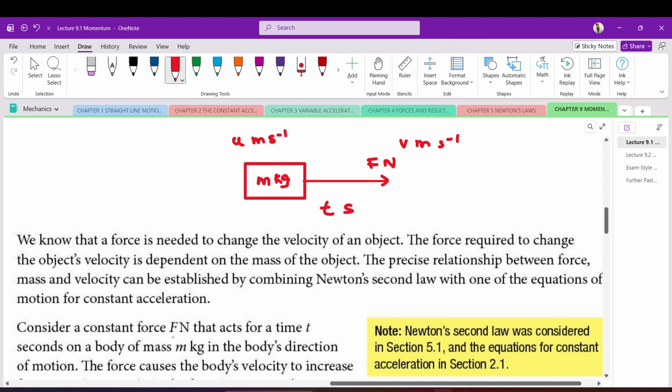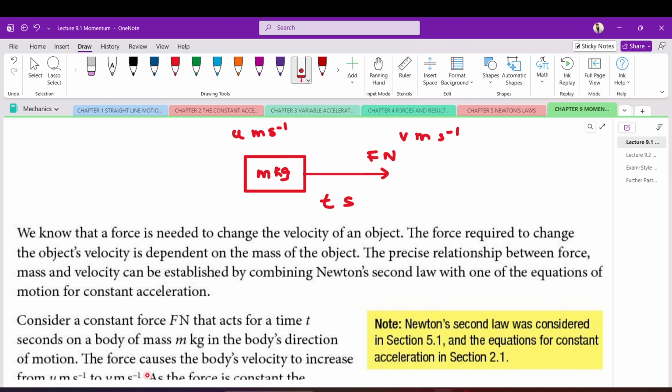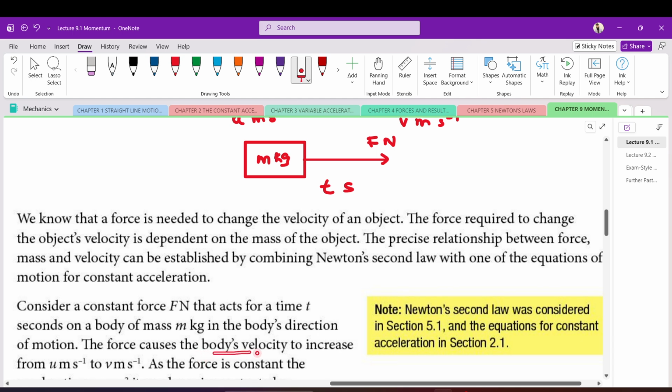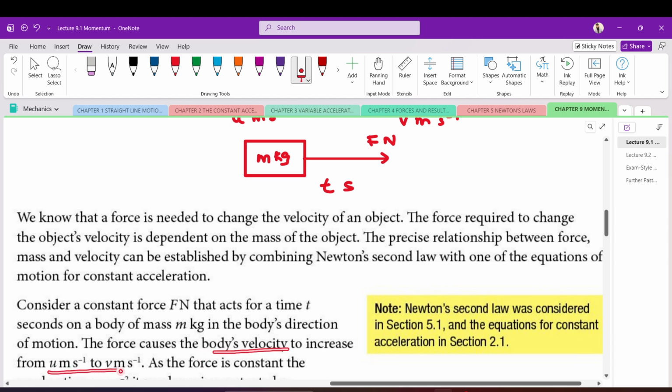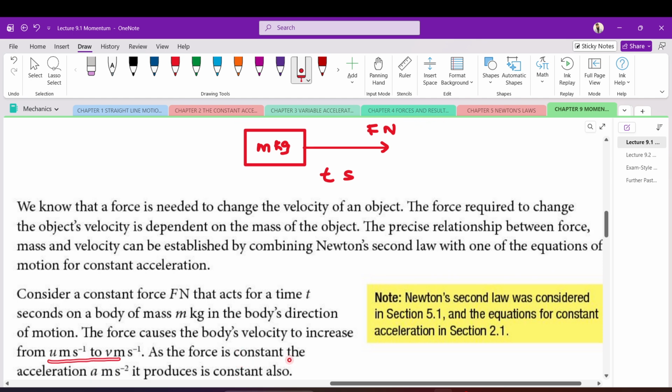So consider a constant force that acts for a time t seconds on a body of mass m kg in the body's direction of motion. The force causes the body's velocity to increase from u to v meters per second. As the force is constant, the acceleration it produces is also constant.